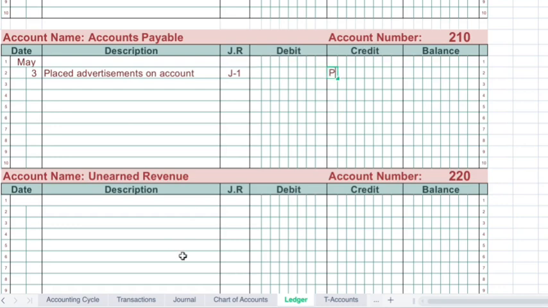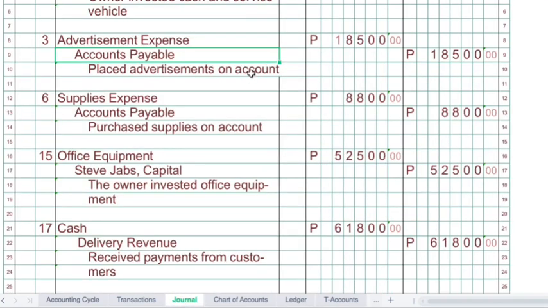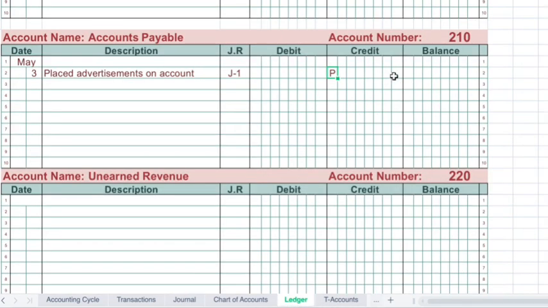And credit 18,500. Again, since this is a liability, so yung normal balance talaga niya is credit. So, ibig sabihin, lahat ng naka-input dito sa credit ay positive, while yung mga naka-input dito sa debit are negative.